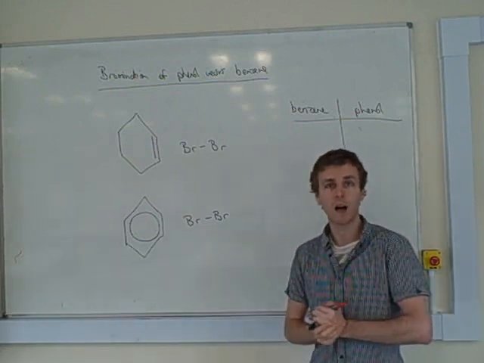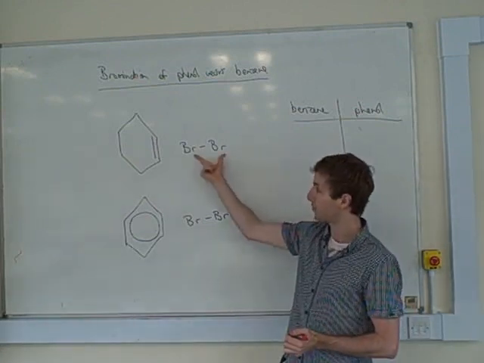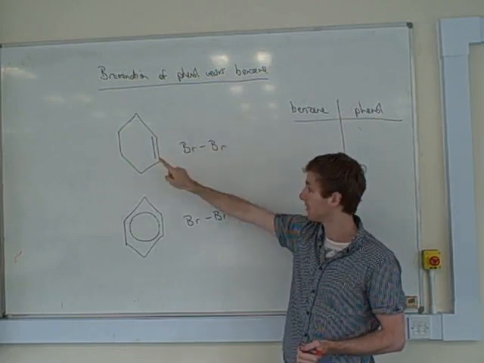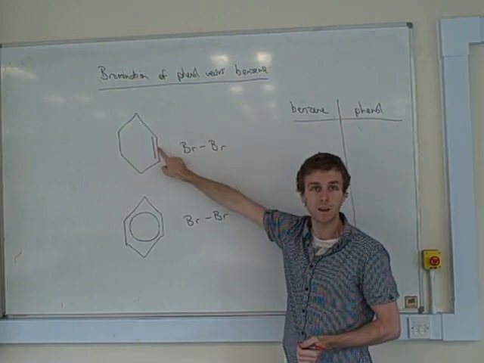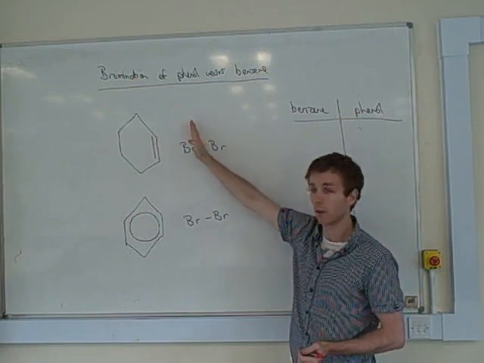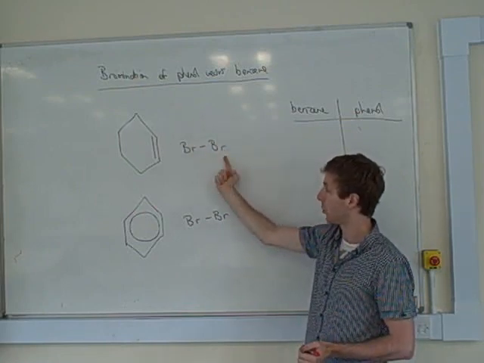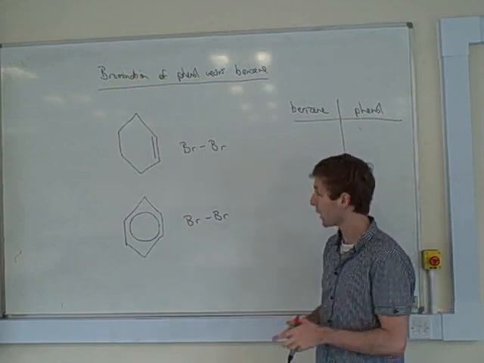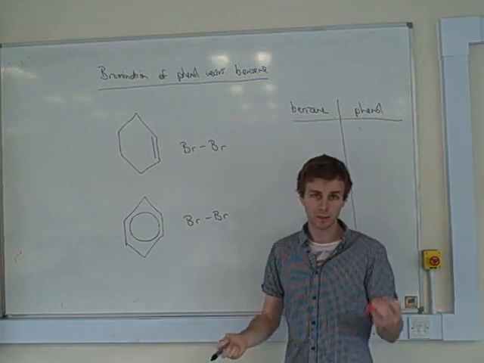Because we have a high electron density, as this bromine approaches the double bond, the electron density here is going to repel the electrons in this bond. So the electrons are going to get pushed back towards this bromine here, and that's going to induce a dipole.